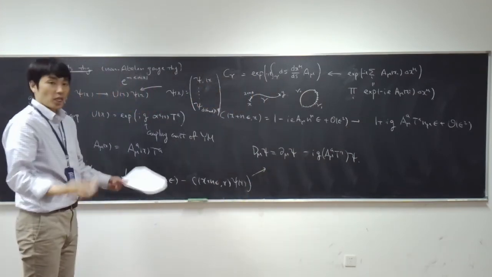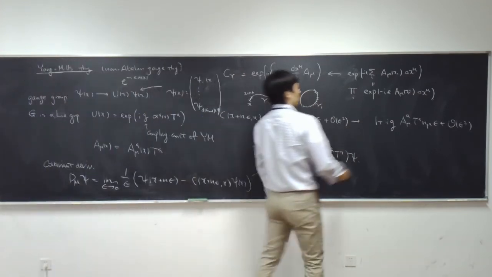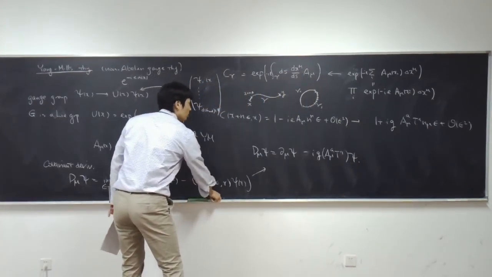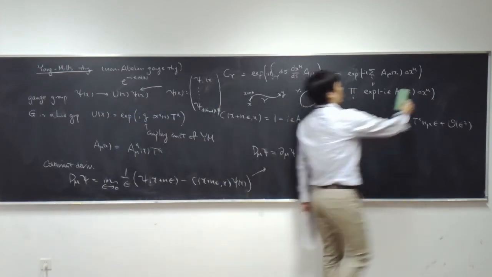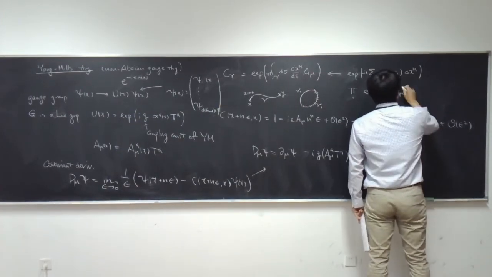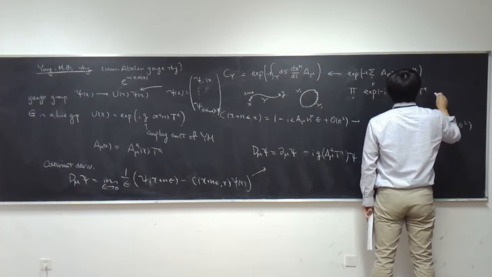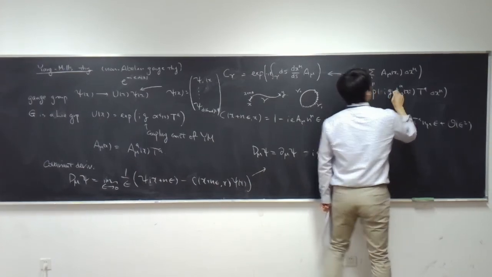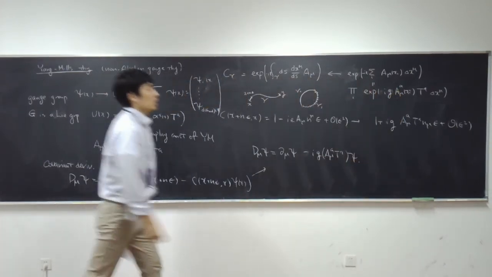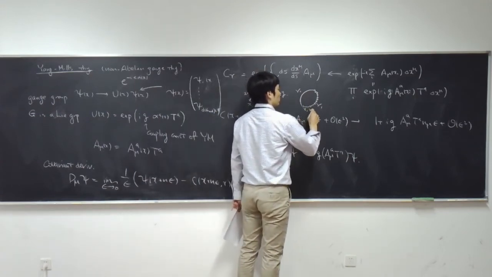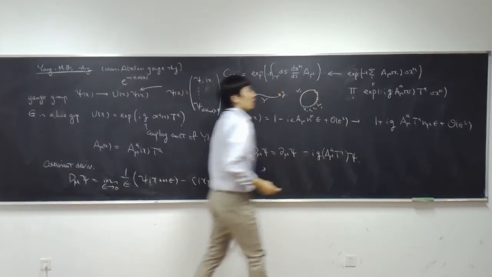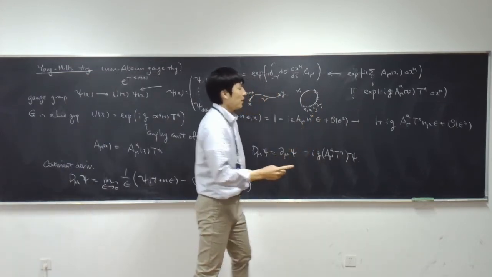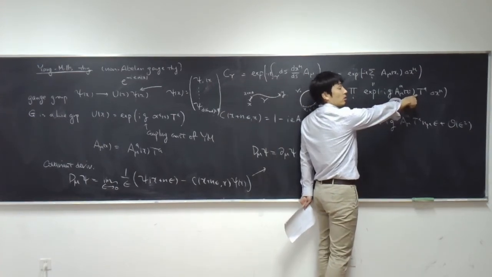But when you go to the non-abelian case, you have to be careful, so let's do it step by step. Here, A_mu is replaced by A^a T^a delta x^mu, with a plus sign and g. This is x_1, x_2, x_3, and so on, and you take the product. But you have to be careful: now it's matrix valued.